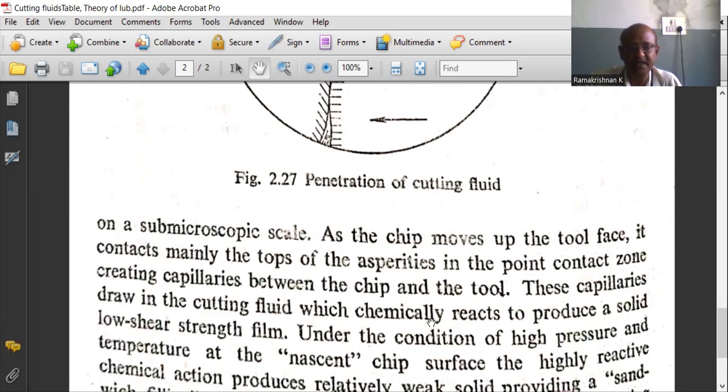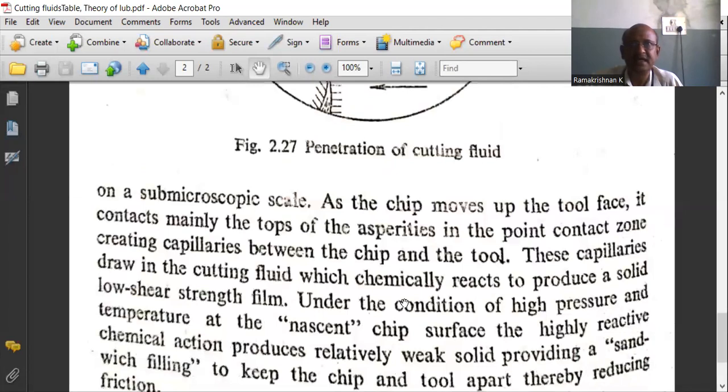They chemically react to produce a solid film, that is a low strength shear film. At the same time, during the machining operation, there exists high temperature and heat, and also, due to the cutting force and the high pressure, especially at the entry of the chip surface, the chemical reaction produces a weak solid.